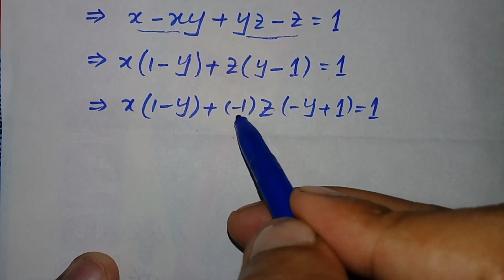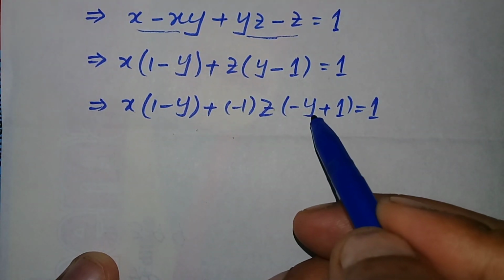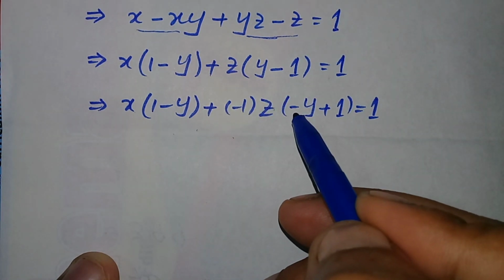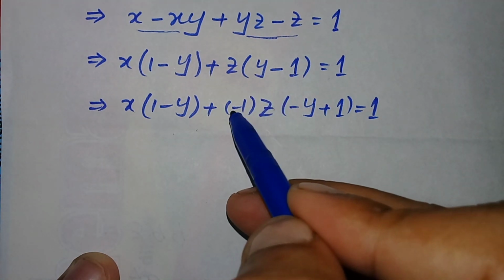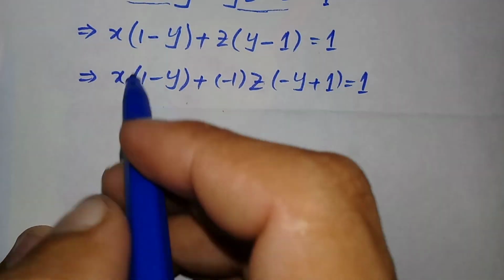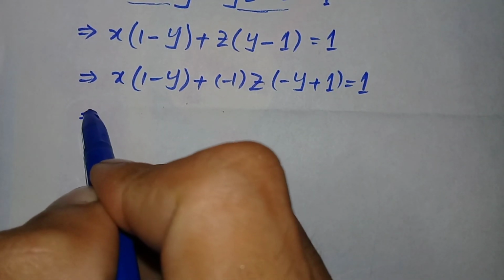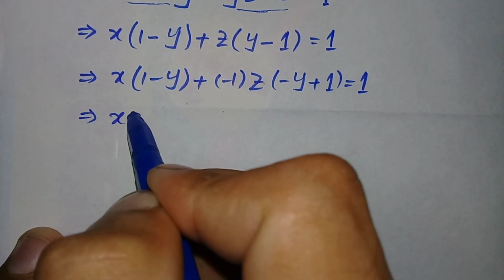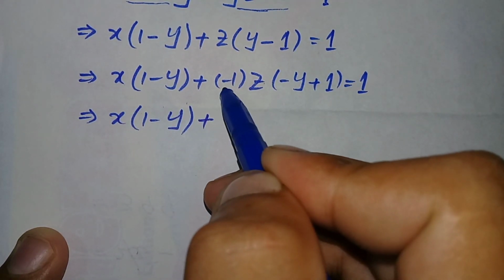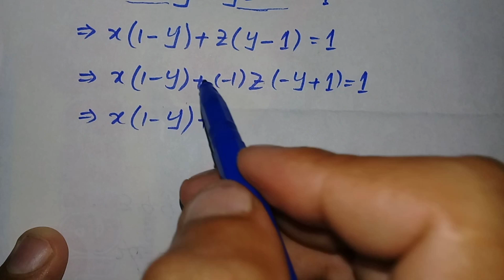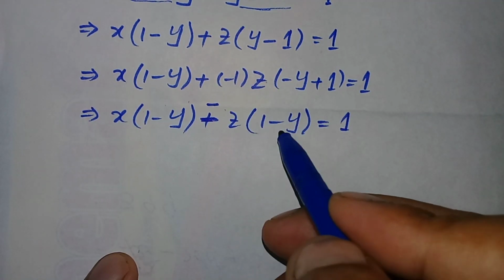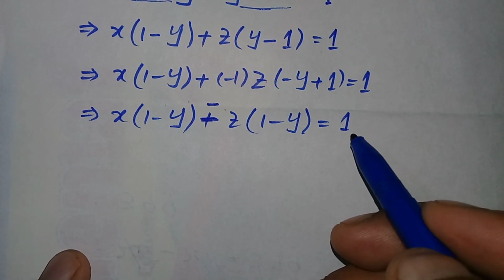Multiplying this minus 1 back, minus 1 times minus y gives plus y, and minus 1 times plus 1 gives minus 1 back. In the next step it will become x(1 - y) - z(1 - y) = 1.